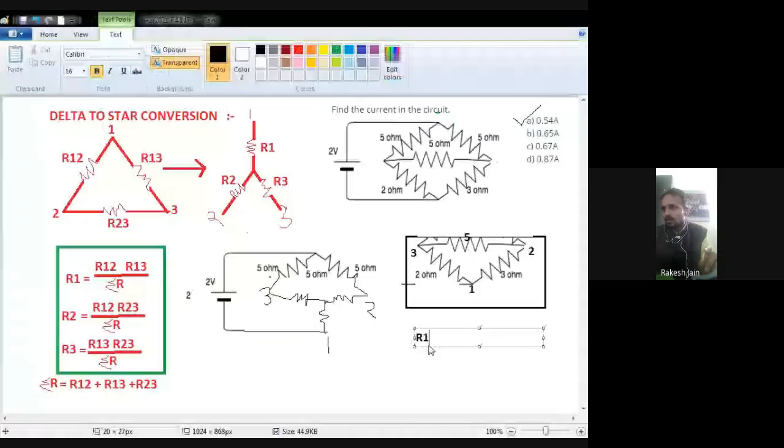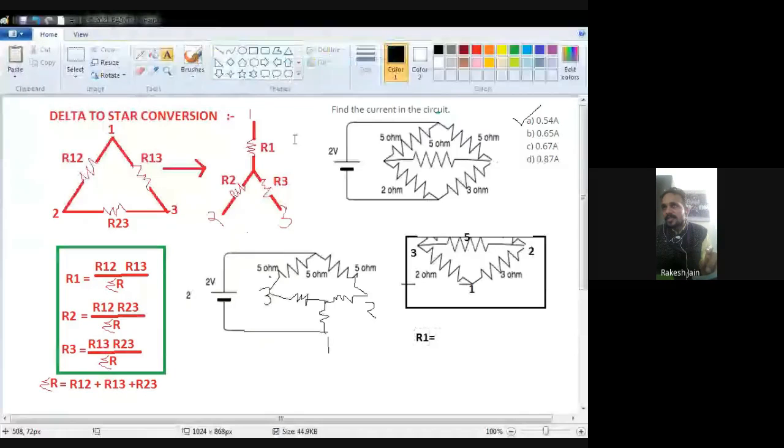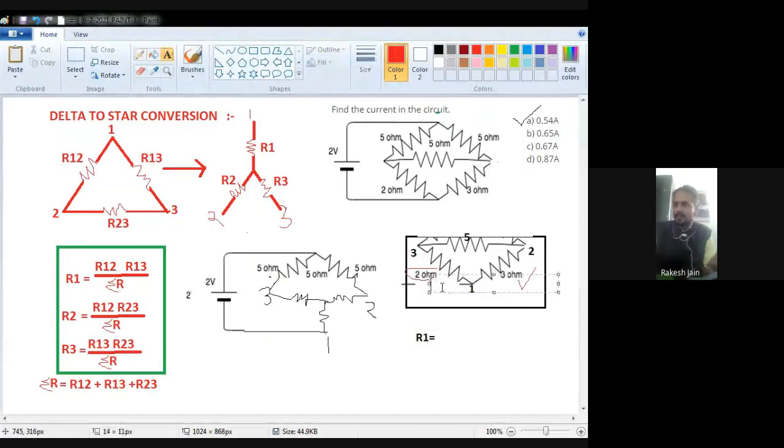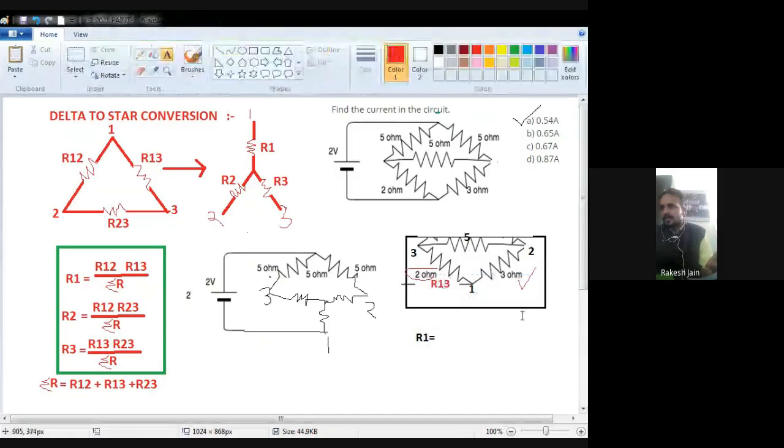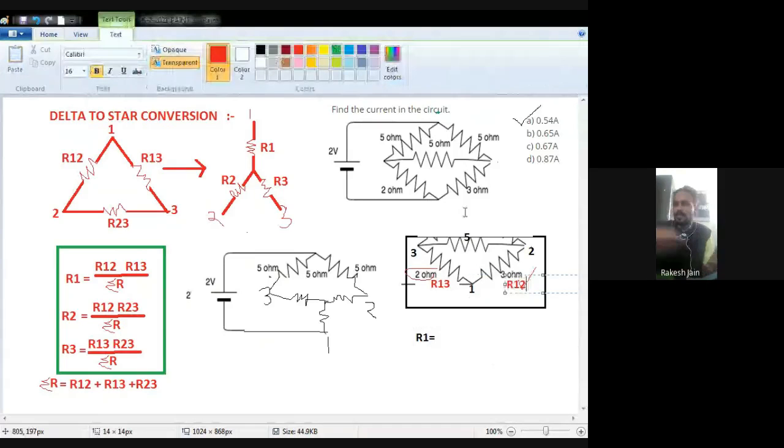Let these three resistances create a delta network. Then how will my star network look? Because the star is just opposite to the delta, that's why my star should be as such. Now this delta network will be removed completely.